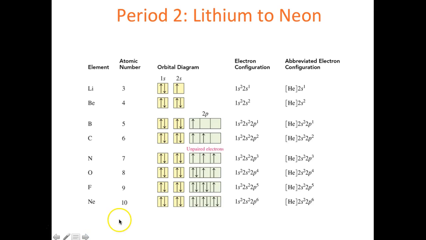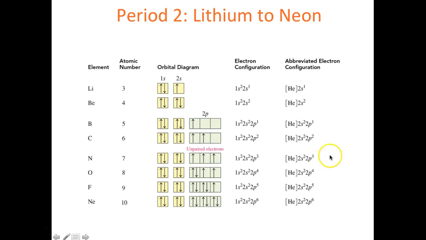Now, in addition to these box diagrams and the electron configuration this way, you can also have an abbreviated form of the electron configuration. You can take the preceding noble gas and put square brackets around it. When you do that, this indicates that you've accounted for the 2 electrons, and the remaining 1 electron goes into the next level, the 2s1.